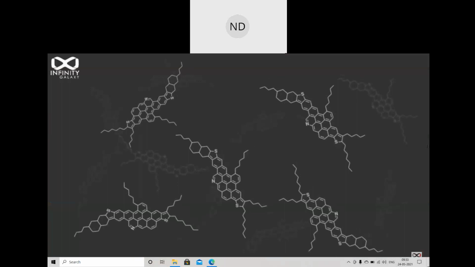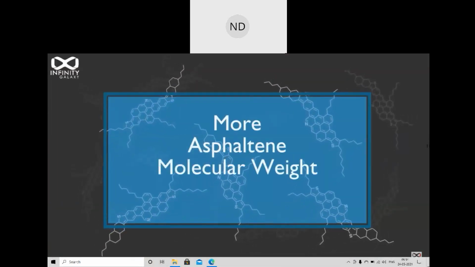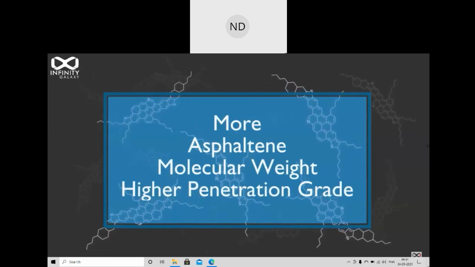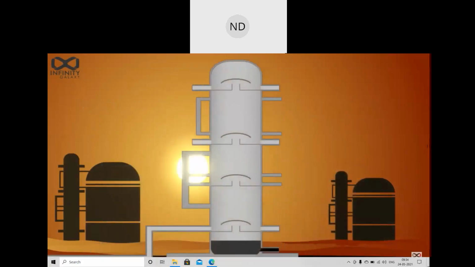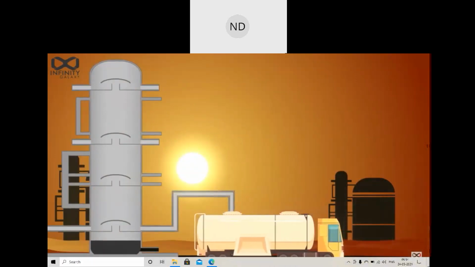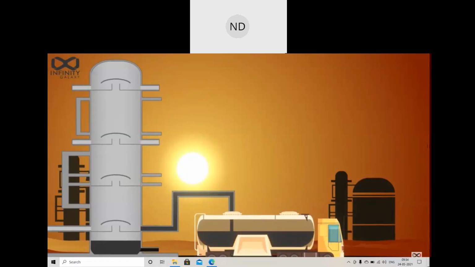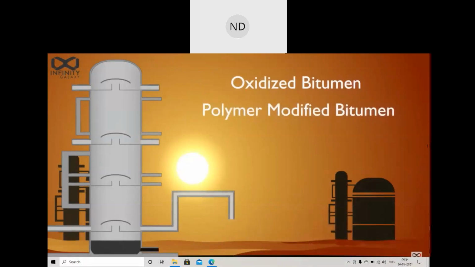The outcome of this process is a type of bitumen which has more asphaltene and molecular weight with a higher penetration rate. Various grades of bitumen, including viscosity and penetration grades, are among the most widely used types of bitumen manufactured from the blowing process. The remaining substance of the mentioned process is called straight run bitumen. This material will finally be sent to other containers for further processing and conversion to oxidized bitumen, polymer modified bitumen, or other types of bitumen.